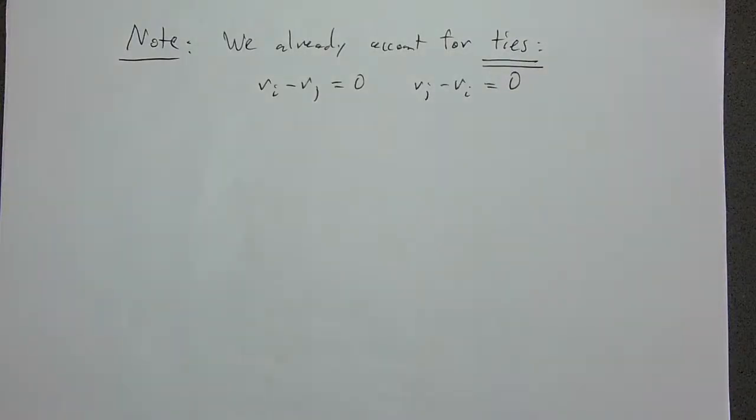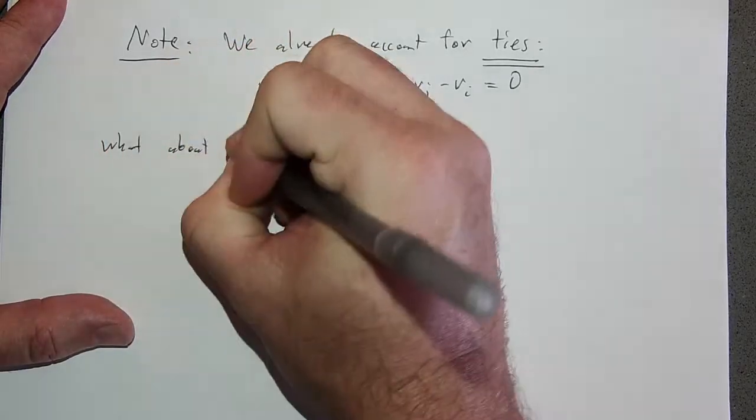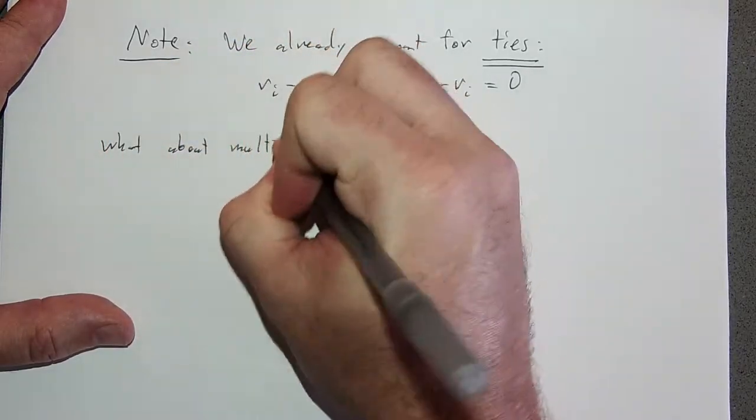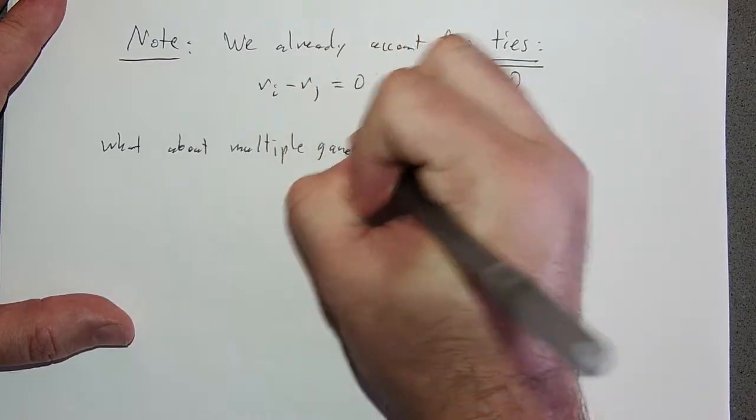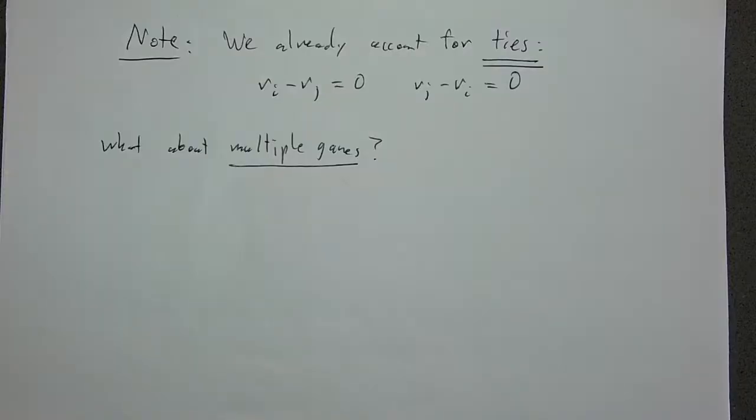What if teams play each other more than once? Well, we already took care of that, I think, in the very first example that we did last time. So what about multiple games? What do I do here?